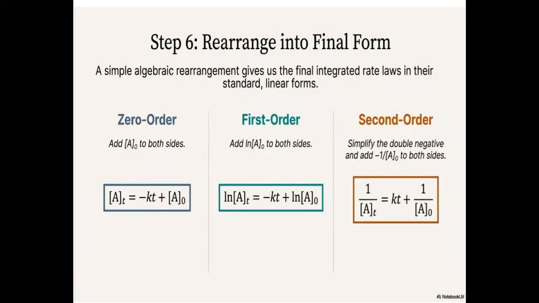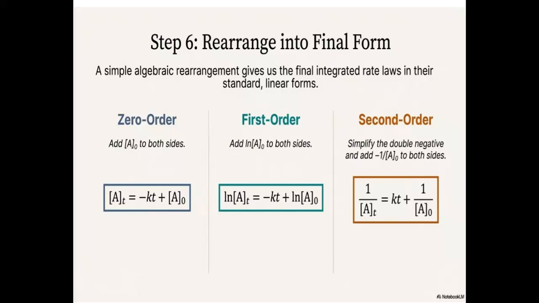What I care about is that I'm going to get some equations at the end for each one of those orders. Those are the integrated rate law functions for each one of those orders. And those are the equations that you have in the reference tables that I gave you.